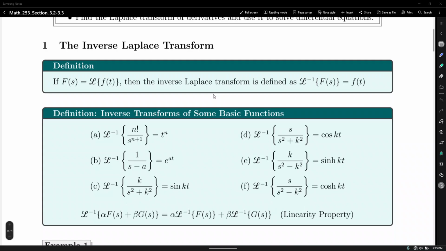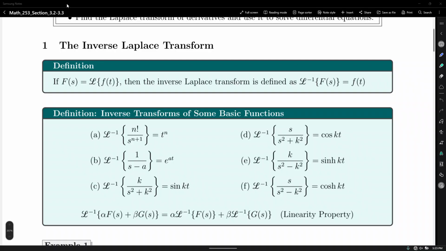Okay, so if we take the Laplace transform of a function f of t, now we're going to take the inverse transform of a function of s to get back to the original function of t. And guys, we're going to use exactly the same formulas, except that we may need to do a couple of tricks here and there.